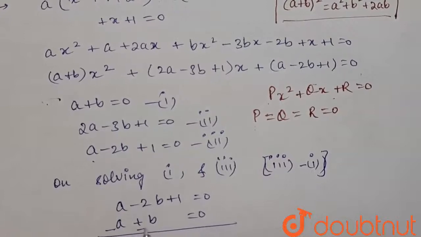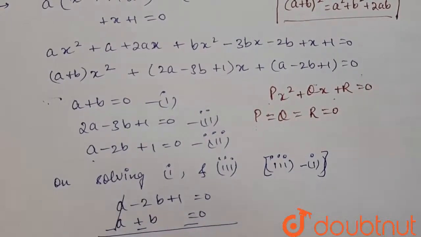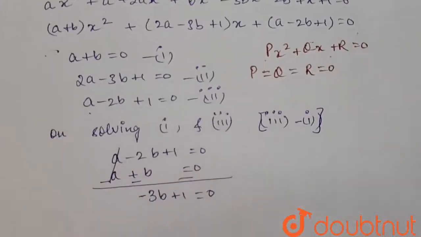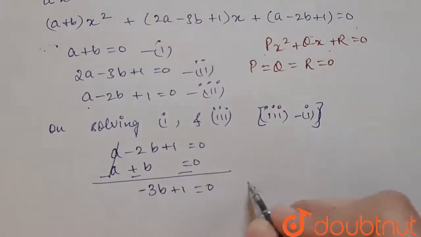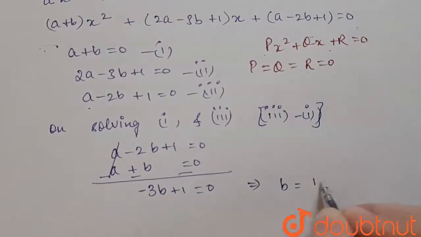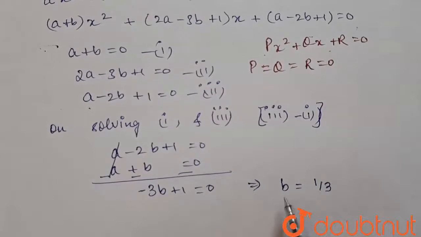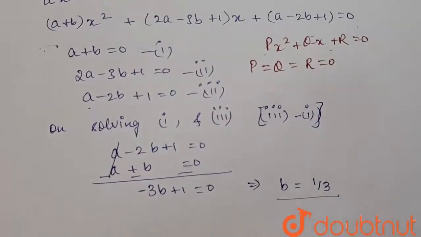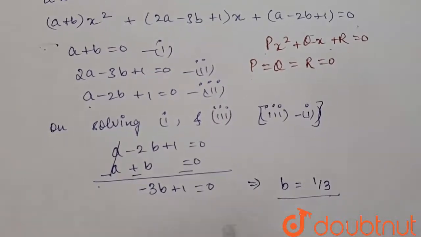On subtracting, the sign will change. This will be -3b + 1 = 0. Therefore, the value of b from here will be 1/3. Now, putting the value of b as 1/3 in equation 1, we will get a = -1/3.